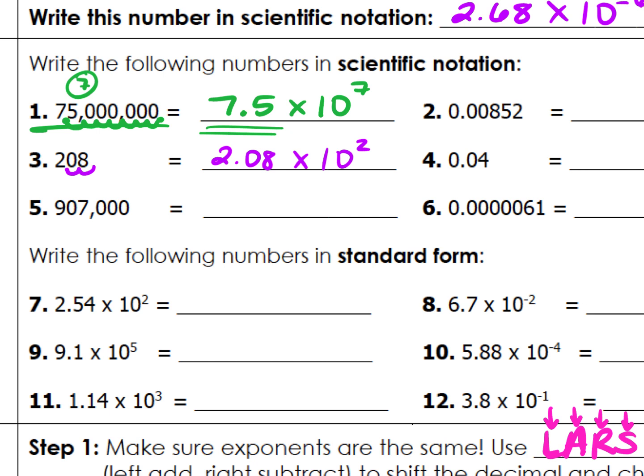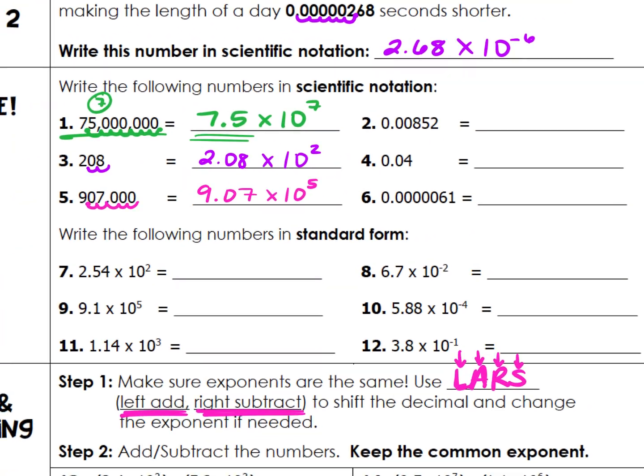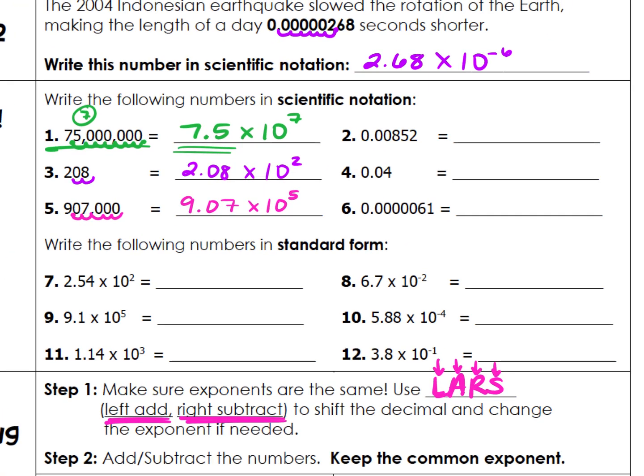What'd you get on number 5 then? 9.07 times 10 to the 1, 2, 3, 4, 5, to the 5th power. Okay? That second set goes the other way. Those were decimals, and we're going to make those numbers bigger.